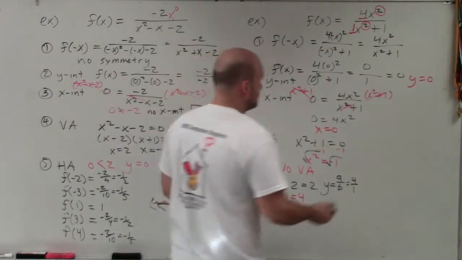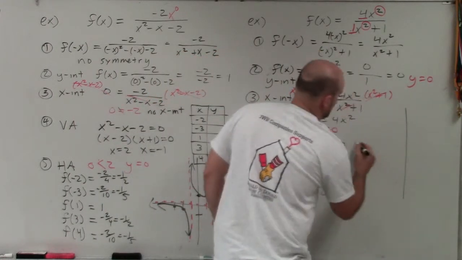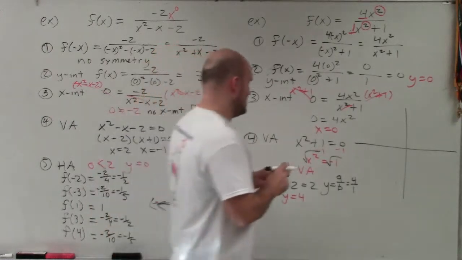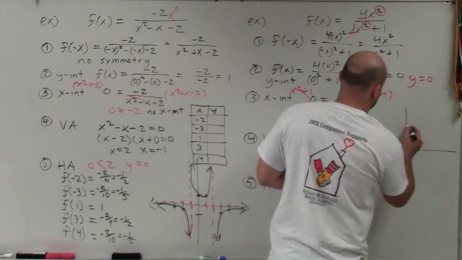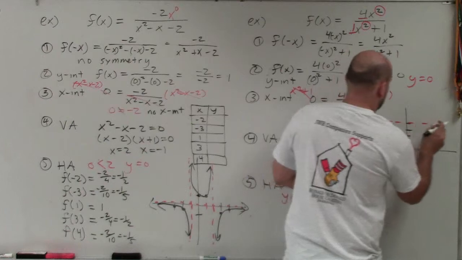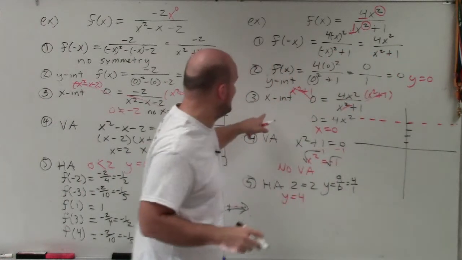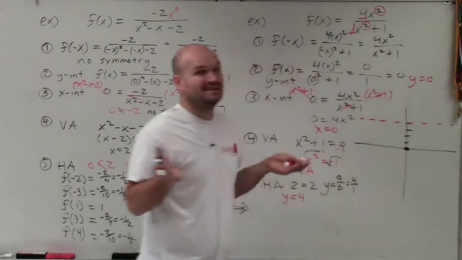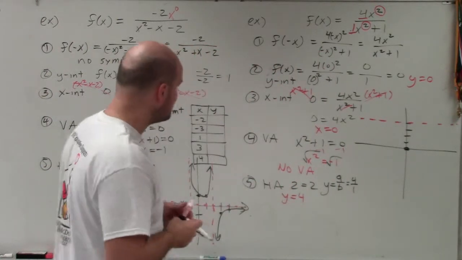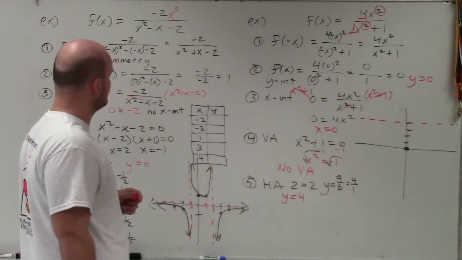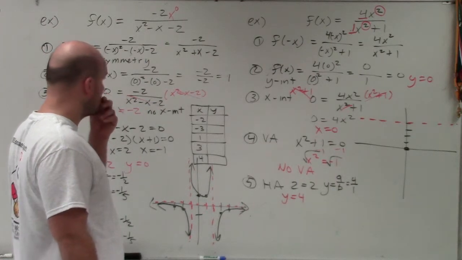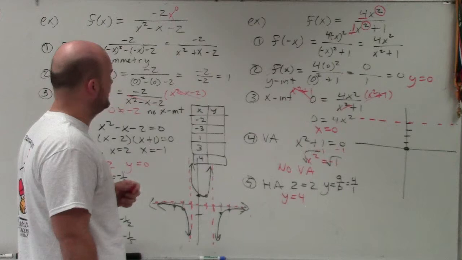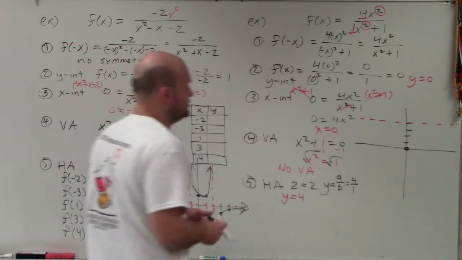So now let's go ahead and graph. We know that we have a horizontal asymptote at 4: 1, 2, 3, 4. We know that we have an x and a y-intercept at 0. Now we just need to determine what the graph looks like. To do this, we basically just need to choose values.